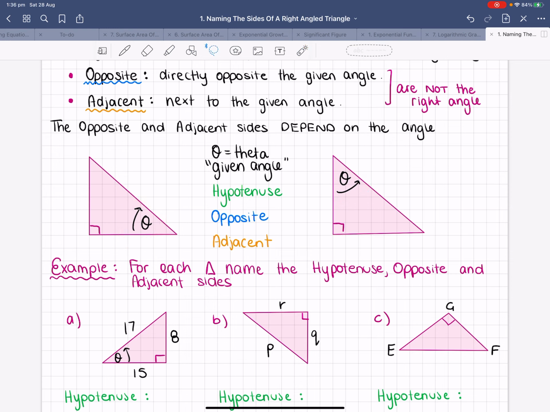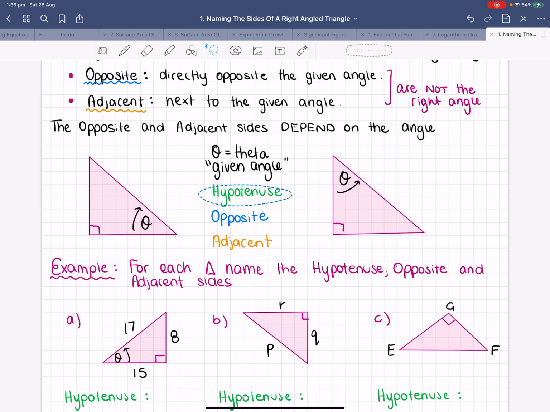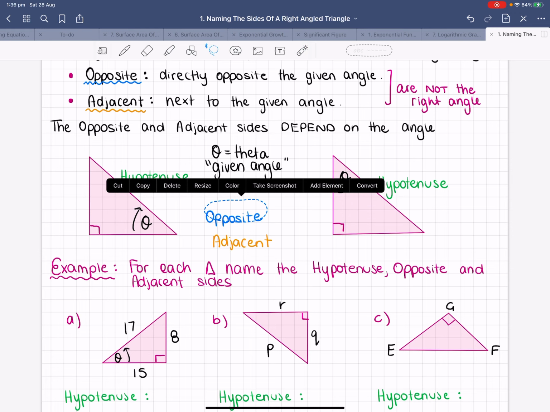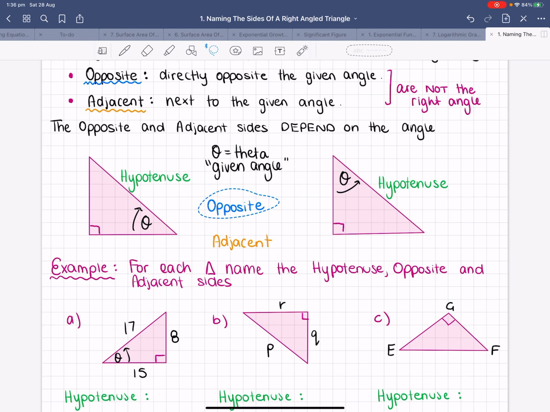So first of all, we've got the hypotenuse. Now with the hypotenuse, this one is just opposite the right angle. So if we're going to label it, it literally goes straight across and opposite the right angle, right? So we know that's the hypotenuse. Then we've got these other 2 sides. We've got our opposite side. Now, our opposite side is the side that's directly opposite the angle.